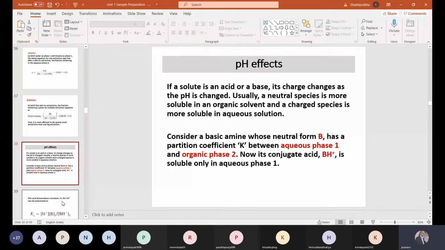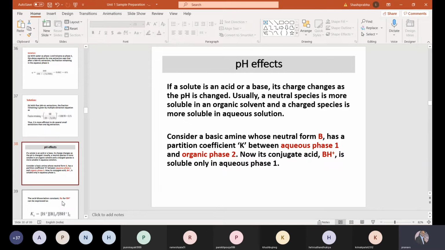Since it is a base, it can readily take up protons. So if the pH is acidic, then this B might be converted into a form which is ionic, BH plus.